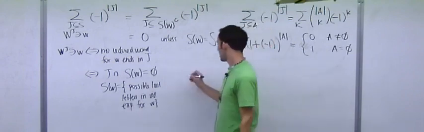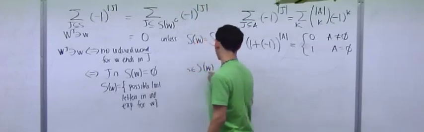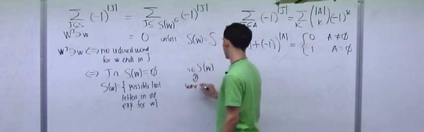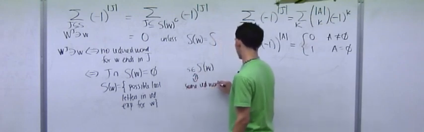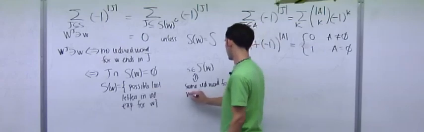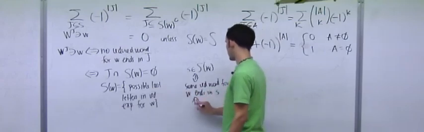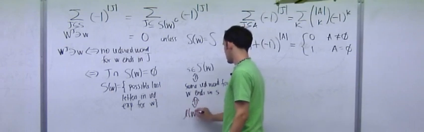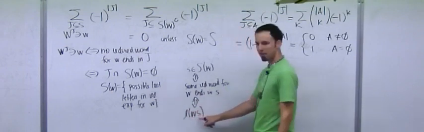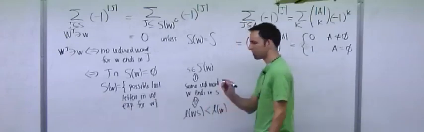So s is in S of w if and only if some reduced word for w ends in s. And we said last time that this is equivalent to saying that when you multiply by s, you make w shorter.